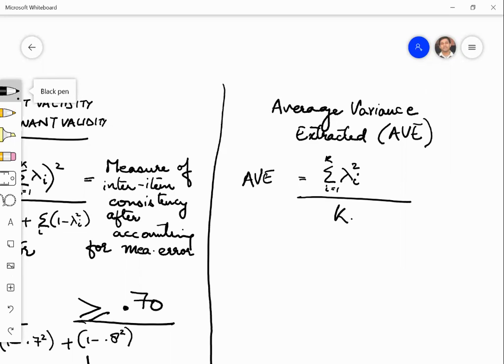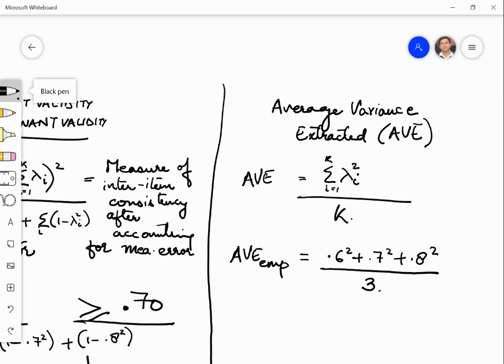So it is a very simple formula. Again, AVE for EMP will be (0.6 square plus 0.7 square plus 0.8 square) whole divided by 3.